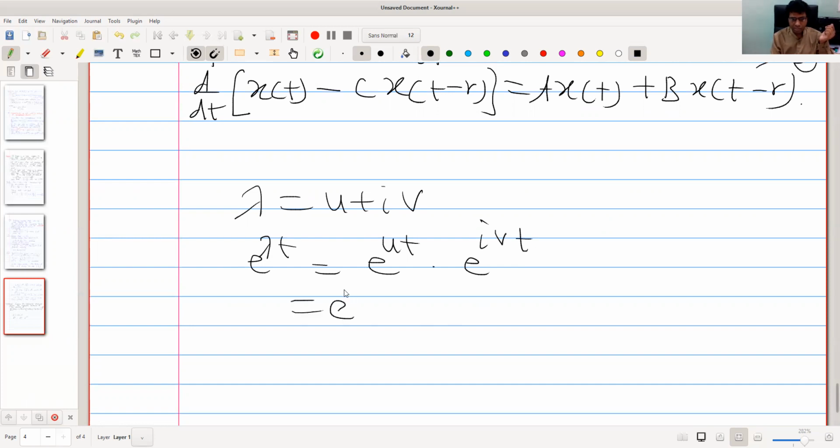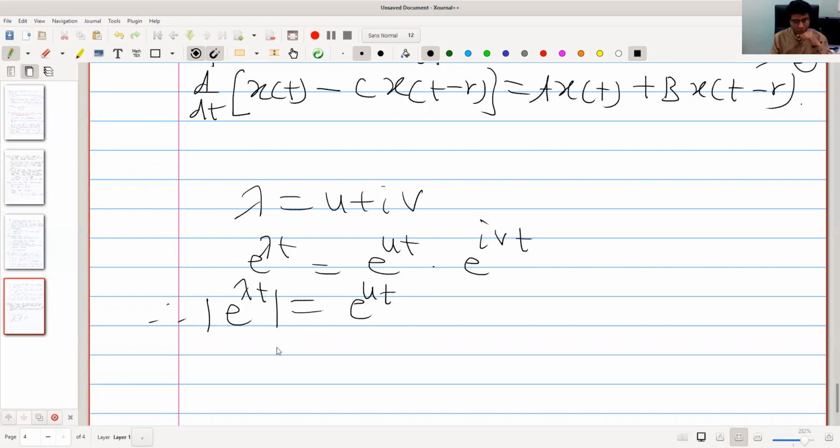Now this is e raised to ut into cos vt plus i sin vt, whose modulus is 1. It is bounded. Therefore mod of e raised to lambda t is nothing but e raised to real part of lambda into t, e raised to ut.